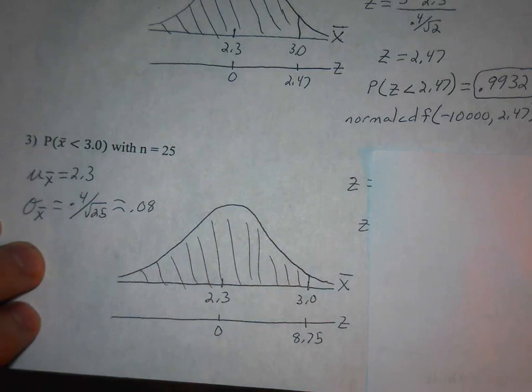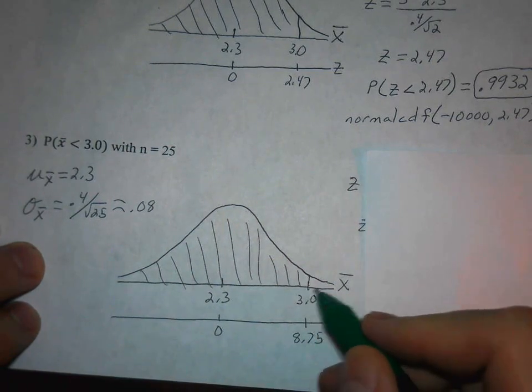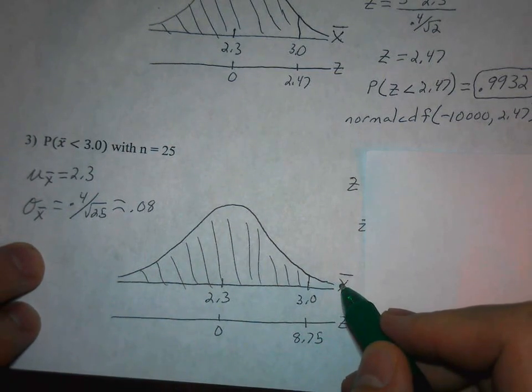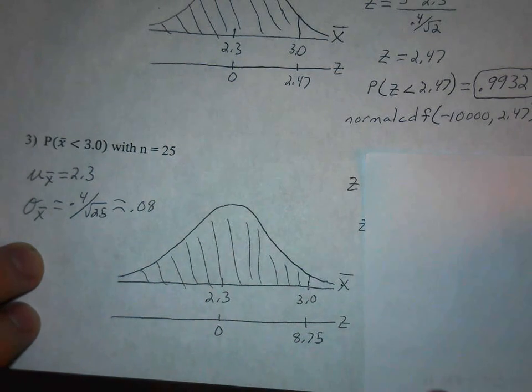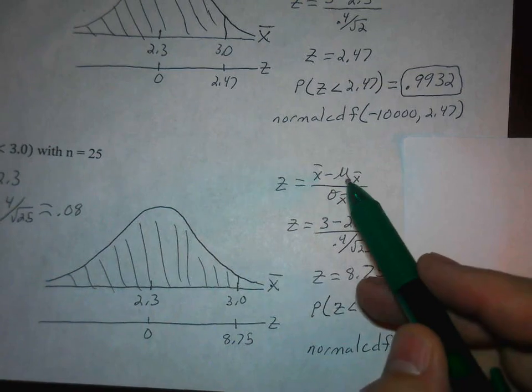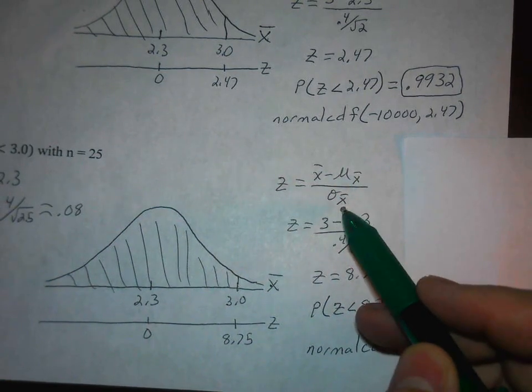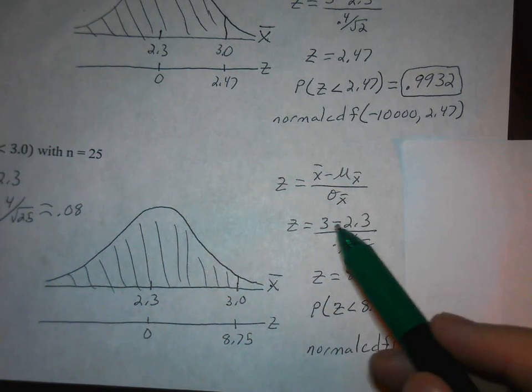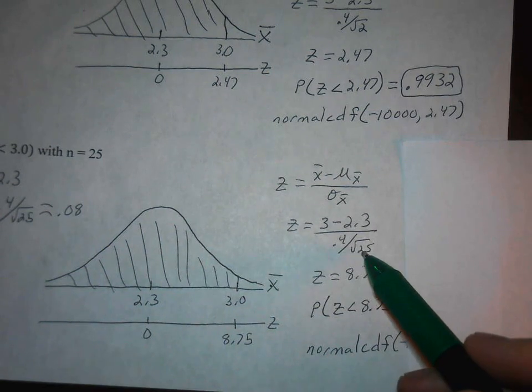So now when you put the 3.0 on the x bar axis and turn that into a z-score, using that same formula again, z equals x bar minus mu sub x bar divided by sigma sub x bar. Notice the calculations are all very similar, except now we're dividing by 0.4 over the square root of 25.